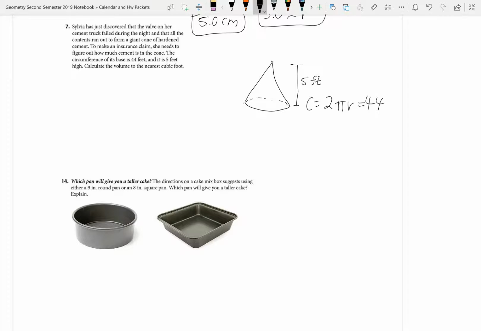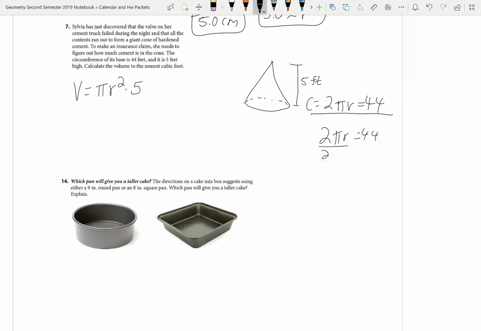Okay, so we need to find the volume of the cone, and that would be pi r squared times h. We know that h is 5, so we need to find the radius. And to do that, we can use this equation here, where 2 pi r equals 44, so just rewrite it here.